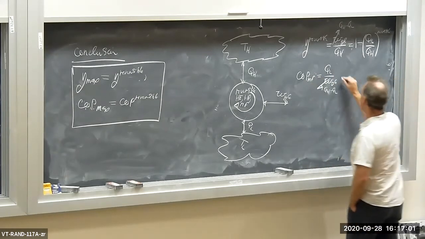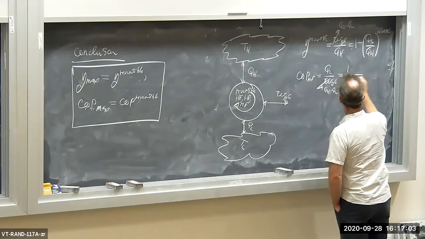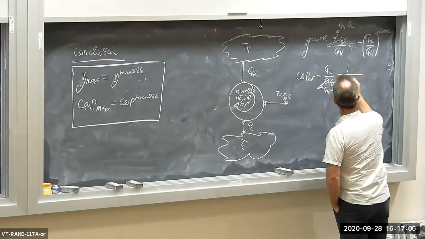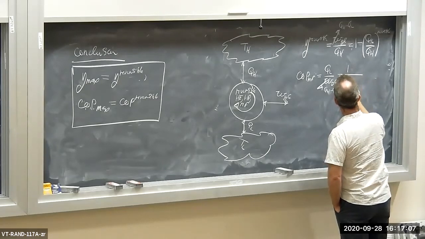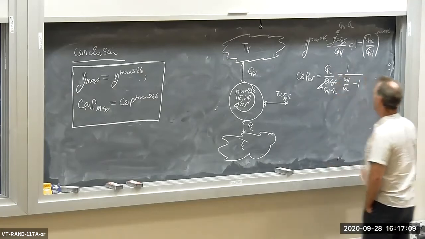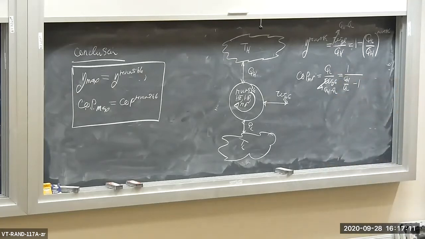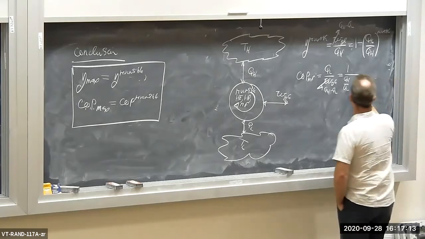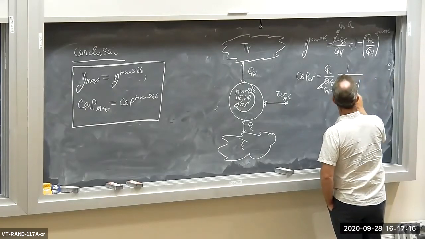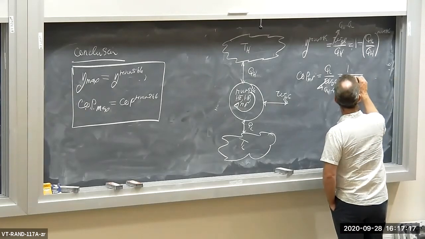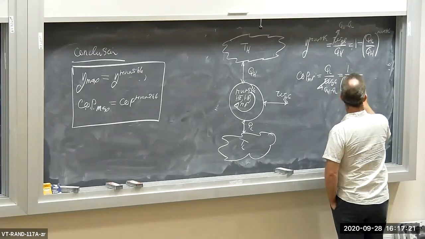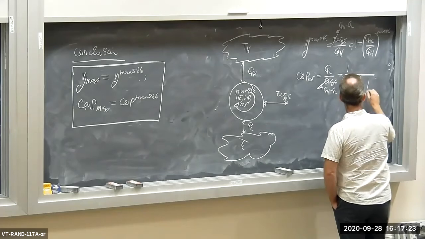And so we get 1 over QH over QL minus 1. And this is a reversible device or a reversible process. Okay.